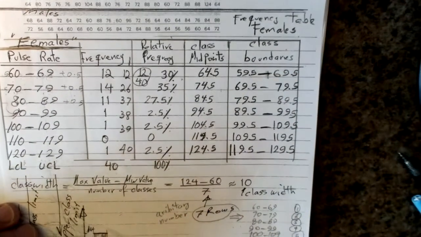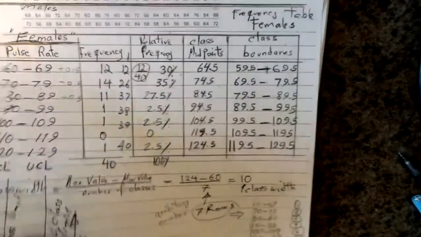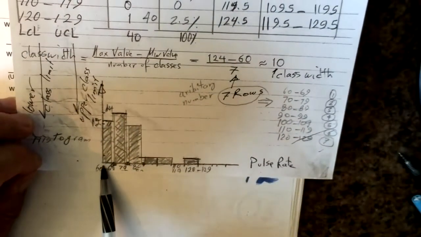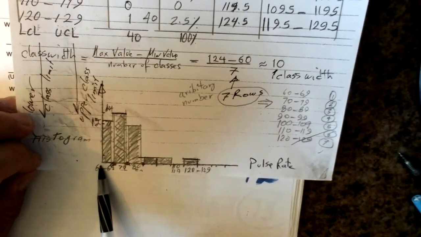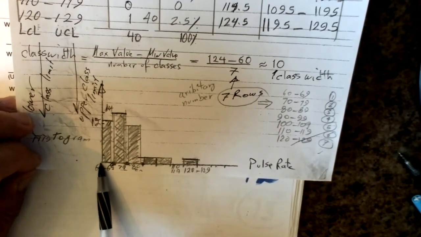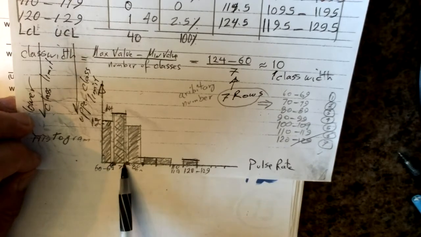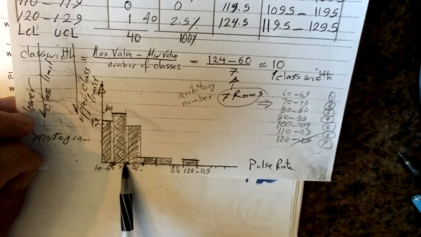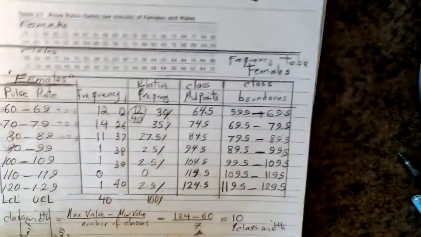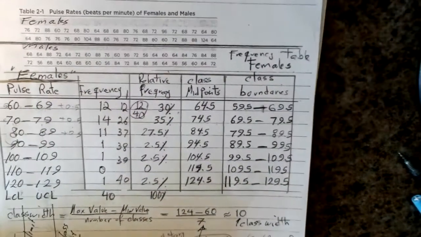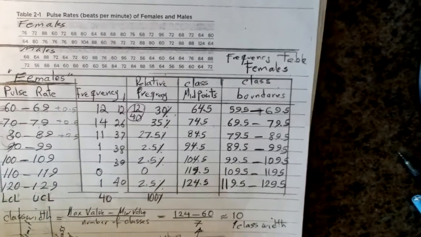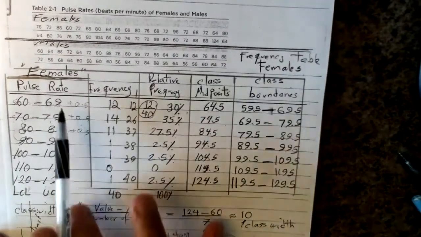And when you want to graph it here, you could just put 59.5, or because it's kind of small, you could start from 60 to 69.5, and then 69.5 to 79.5. That's how to get rid of the gap and have the new graph. Okay, so you understand?